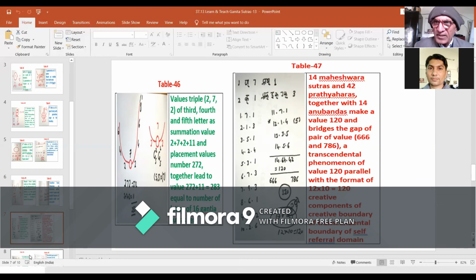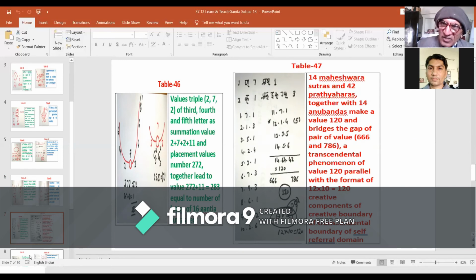So the entire text of Ganita Sutras 1 to 16 of 283 letters becomes parallel with the geometric setup of values triple 272 of the geometric format of these triple letters.